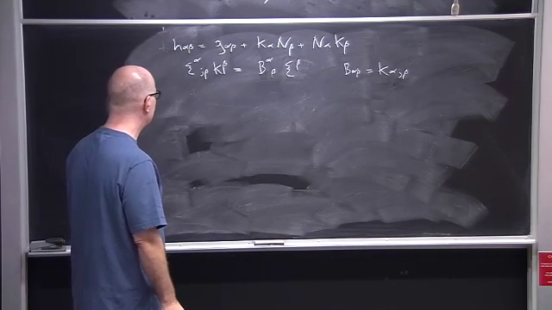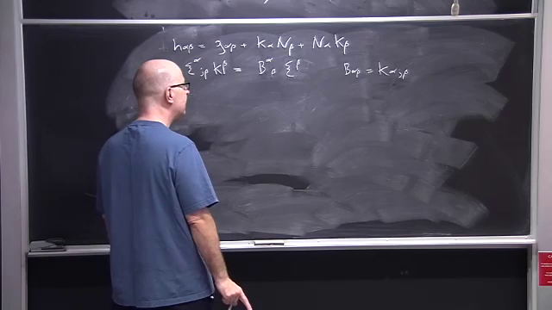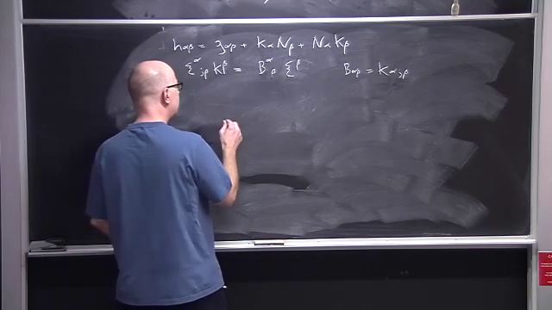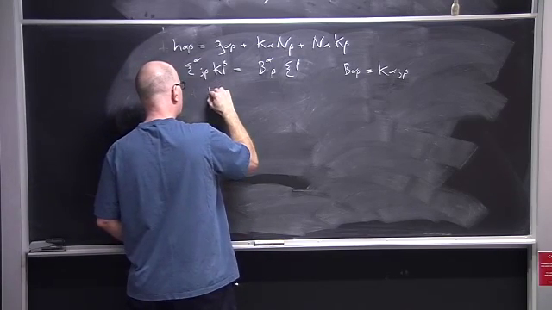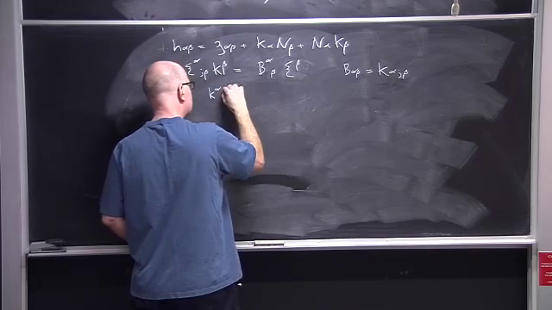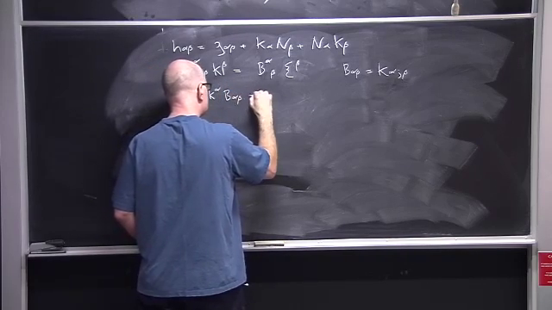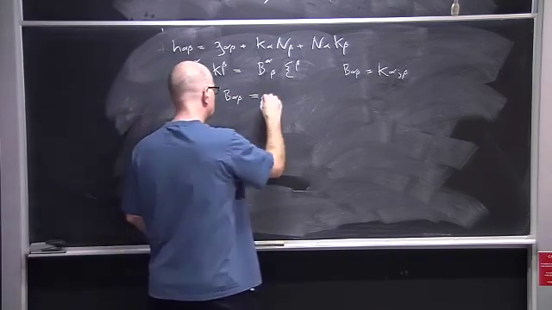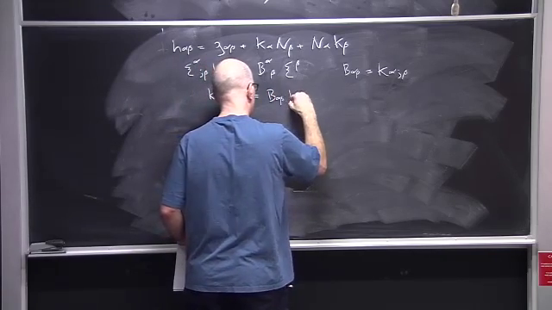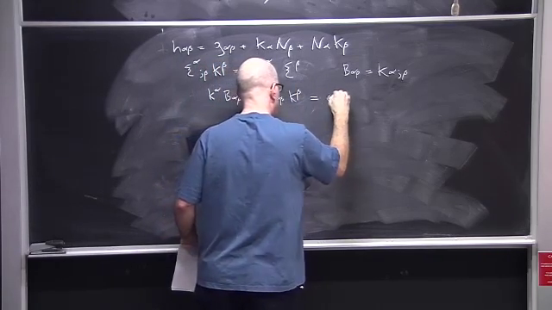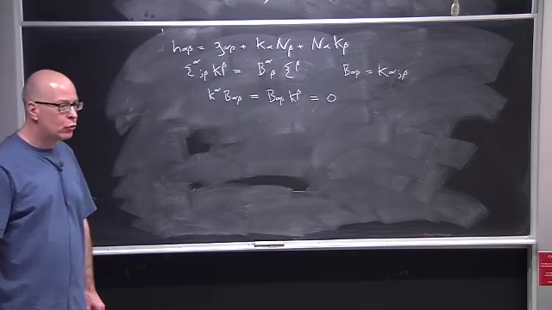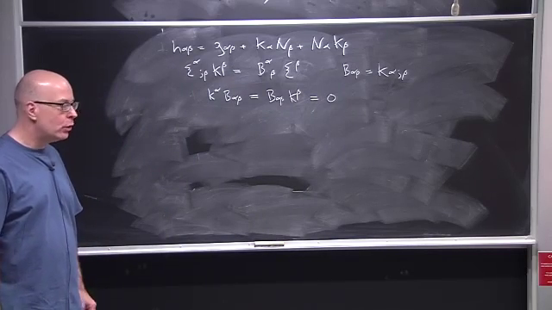One thing I didn't say this morning that I should have is that B is orthogonal to K, for the same reason that B was orthogonal to U in the time-like case; it's exactly the same calculation.